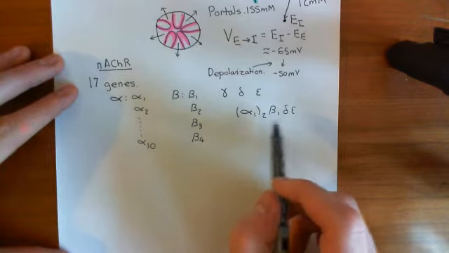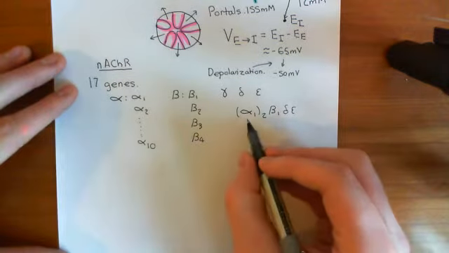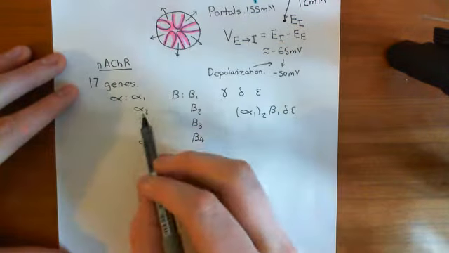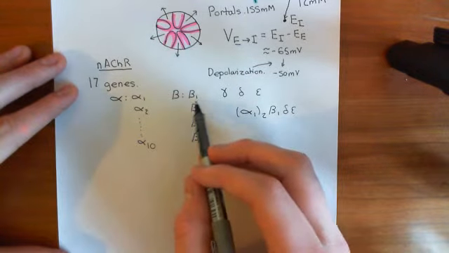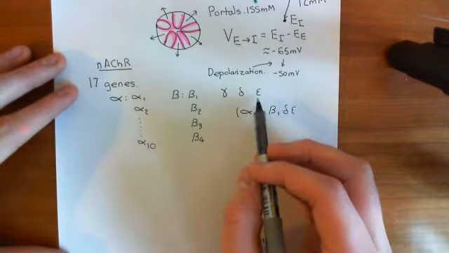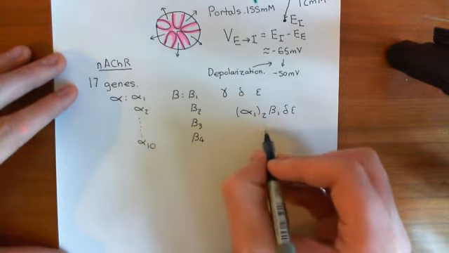It would also be called the neuromuscular junction nicotinic acetylcholine receptor. So this tells us which subunits we're going to use. We're going to use two alpha-1 subunits, a beta-1 subunit, and a delta and an epsilon subunit. However, it doesn't tell us how to actually stick them together in a ring.